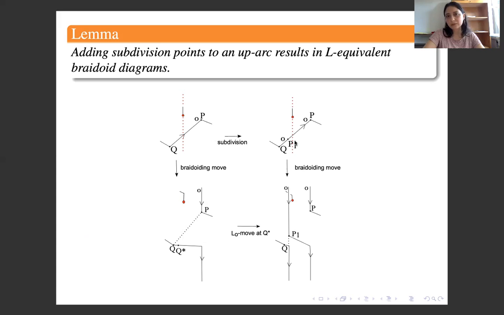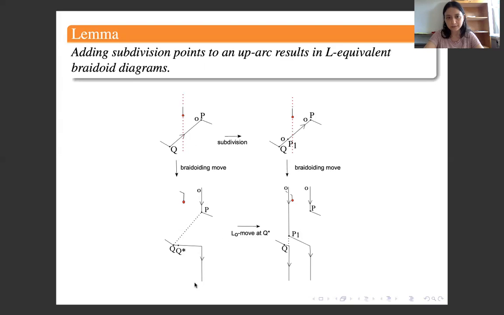The reason why I chose the subdividing point here is that I wanted it to remain on the left-hand side of this vertical line, so that the subdivisions and the braidoiding points take place on different sides of the endpoint. That was the important point for knotoids, the endpoint locations.